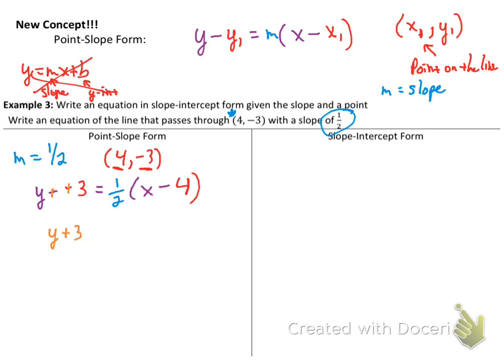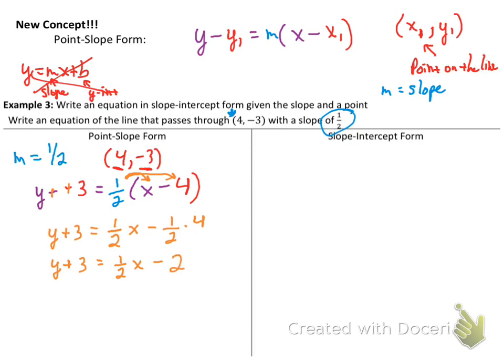So I have y plus 3 equals, and on the right-hand side, I can distribute that 1/2. 1/2 times x gives me 1/2 x, and then 1/2 times -4 gives me -2.